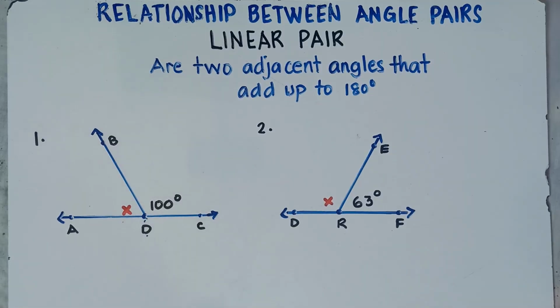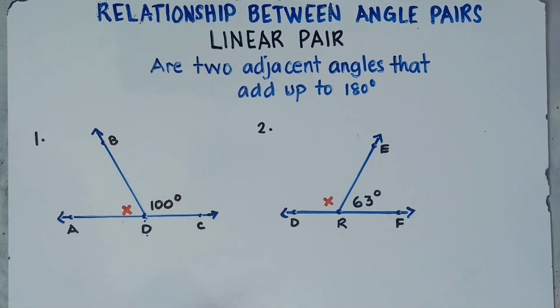What is a linear pair? Linear pair are two adjacent angles that add up to 180 degrees. Now, we know what adjacent angles are, right? We already explained that in the first part of our video, and I will put the link in the description down below. But once again, class, do not be worried. We will explain adjacent angles once again. We call these adjacent angles if they share a common vertex and a common side.